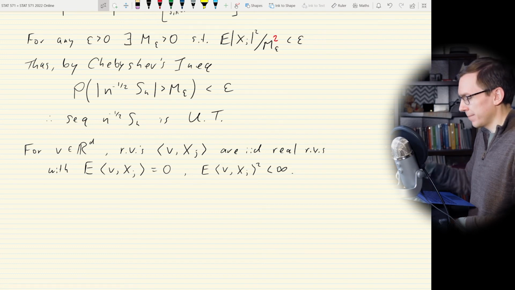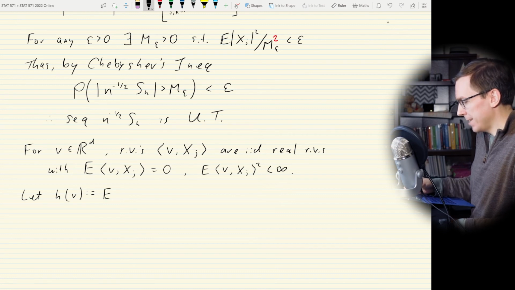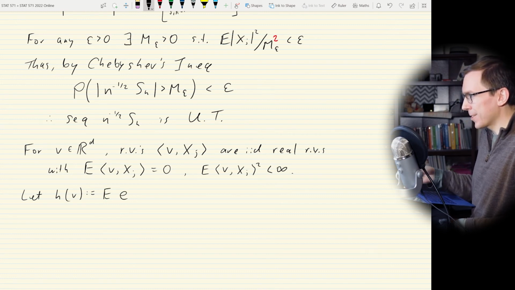So now we're going to let h of v be defined as the expected value. Well, it's the characteristic function, right?